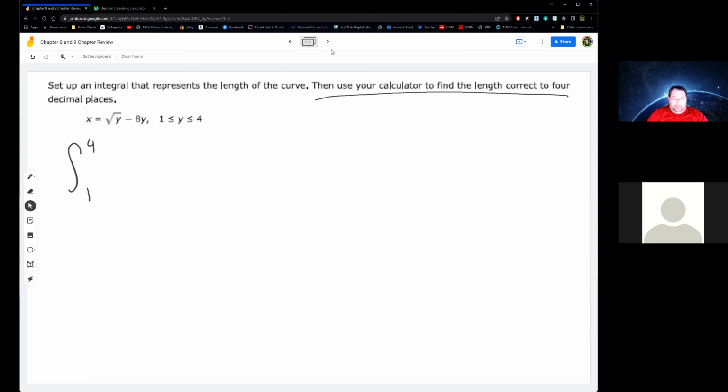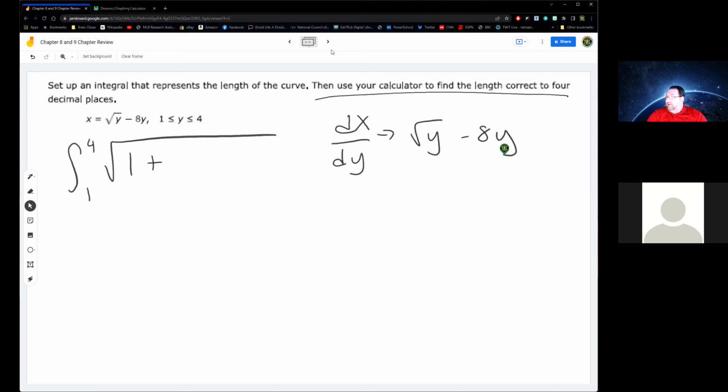Of the square root of 1 plus, and then I've got to find the derivative, dx dy. So the function is the square root of y minus 8y.